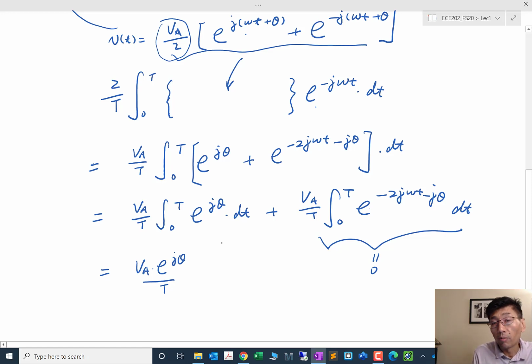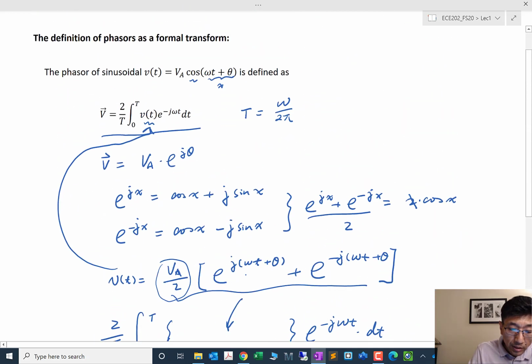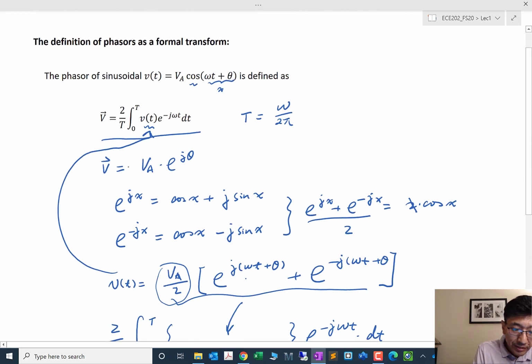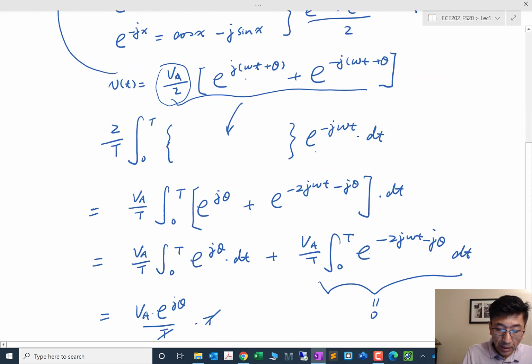So the integral of 1 over the fundamental period T gives you a T. So the T and T are canceled, and you end up with VA times e to the j theta. And this actually concludes what we expected here. Right? So a kind of simple proof, and this is mathematically rigorous.